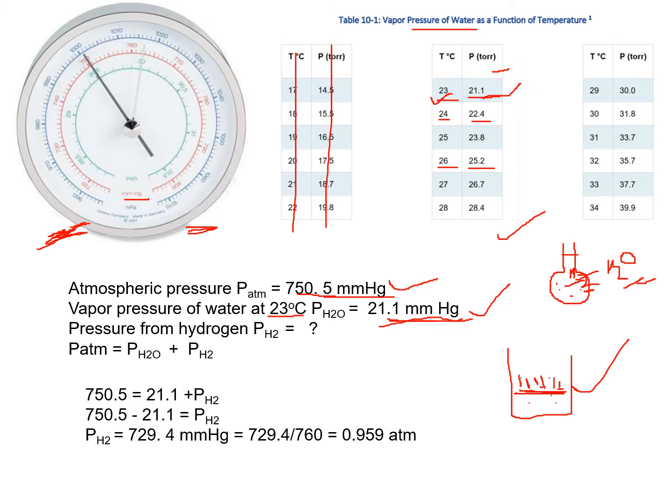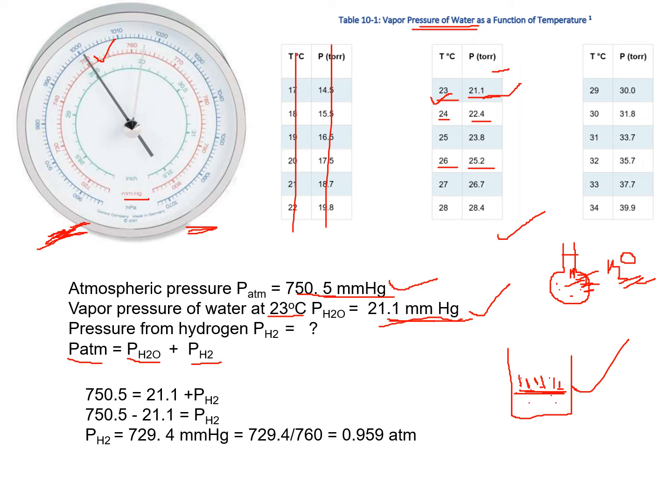This water vapor and hydrogen are balancing the atmospheric pressure. So the pressure of hydrogen plus the pressure of water vapor is equal to the atmospheric pressure. Atmospheric pressure is equal to the vapor pressure of the water plus the hydrogen that is being accumulated here. This is Dalton's law of partial pressure.